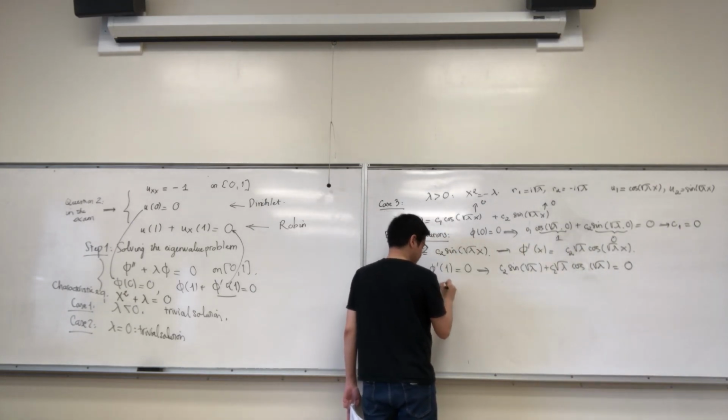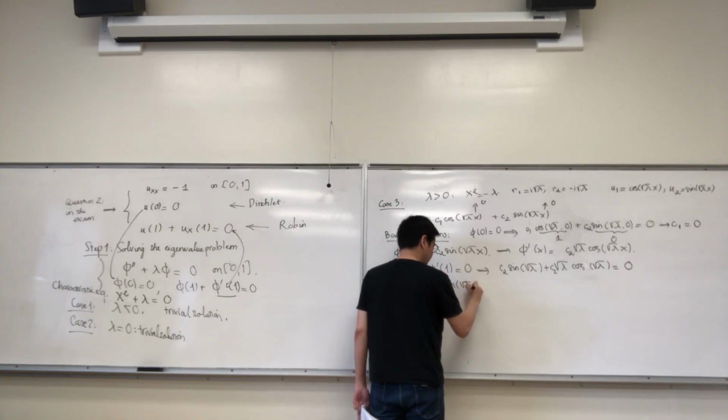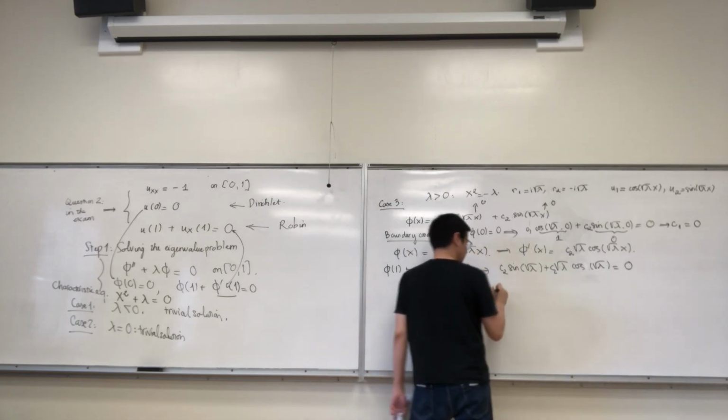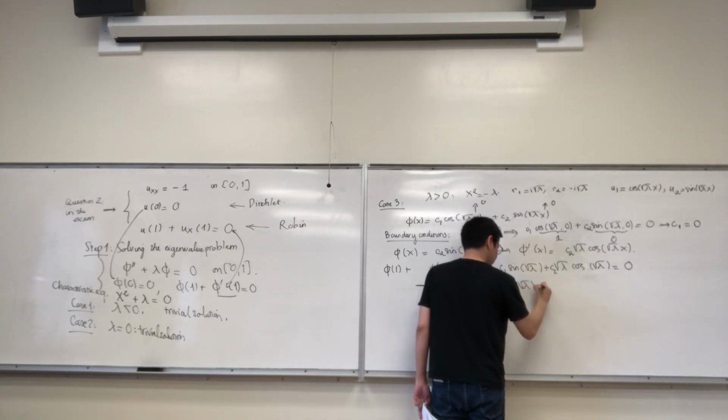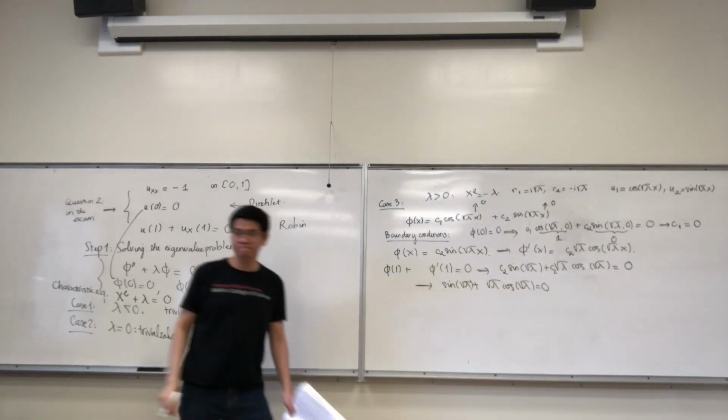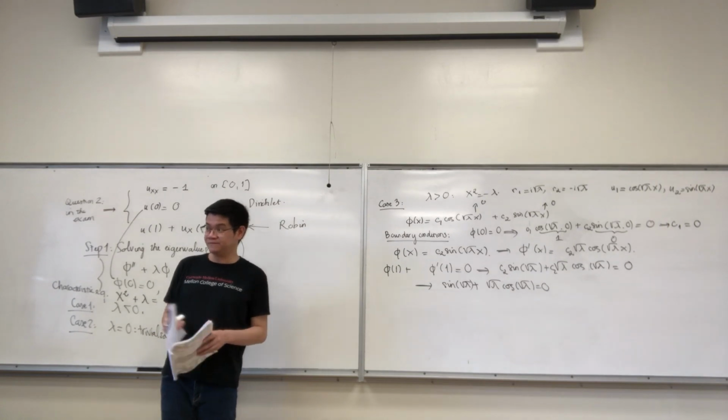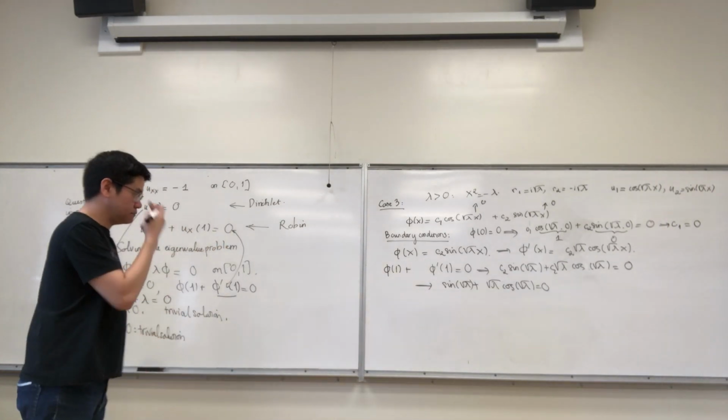So sin of square root of lambda plus square root of lambda cos of square root of lambda is equal to 0, right? It's clear.